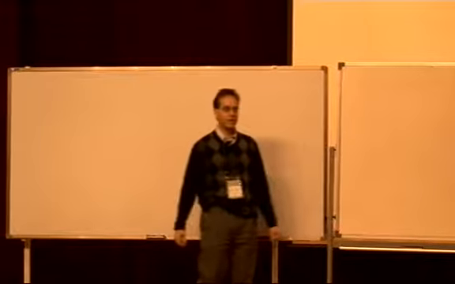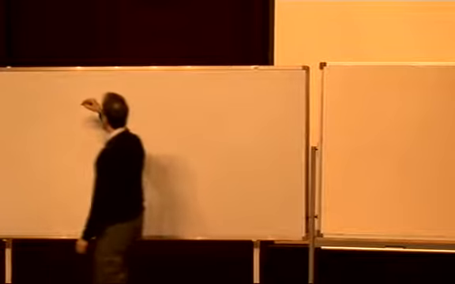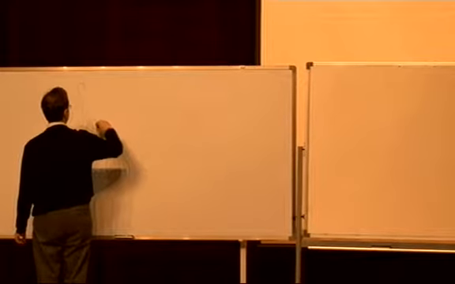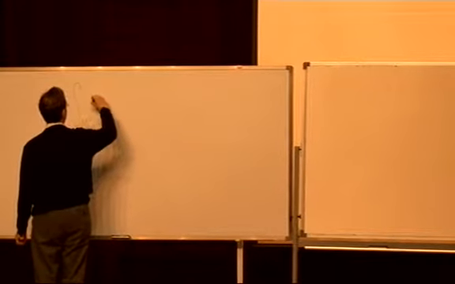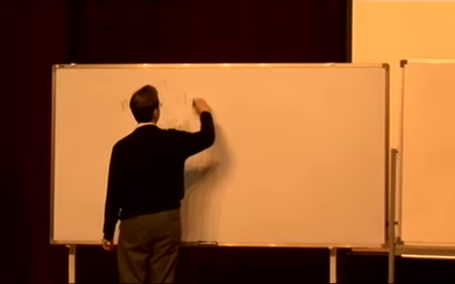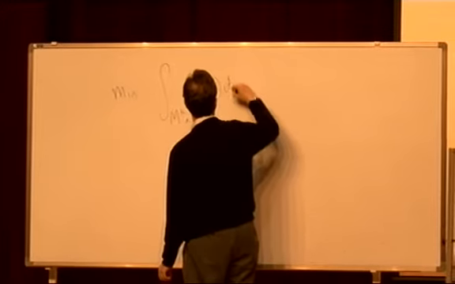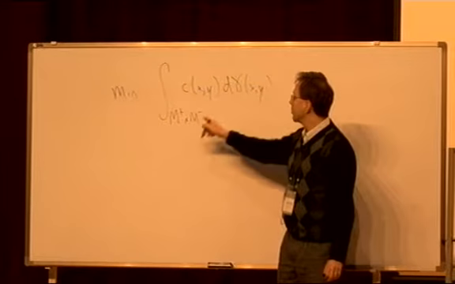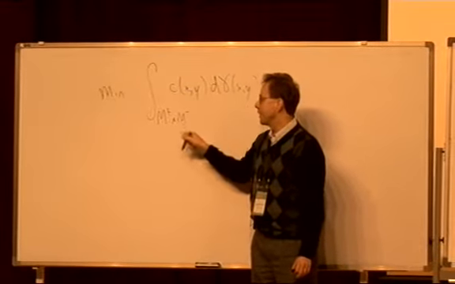To remind you, at the end of yesterday's lecture we introduced the Kantorovich problem of optimal transportation, which was to minimize the integral over the product space of a cost function among all joint measures with fixed projections onto mu plus and nu minus.